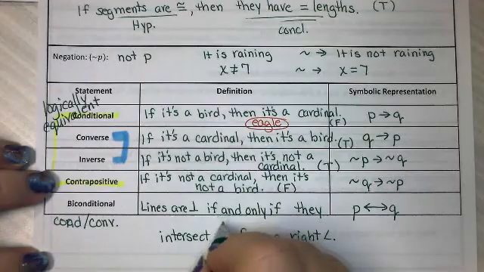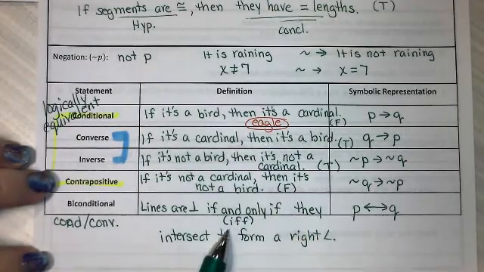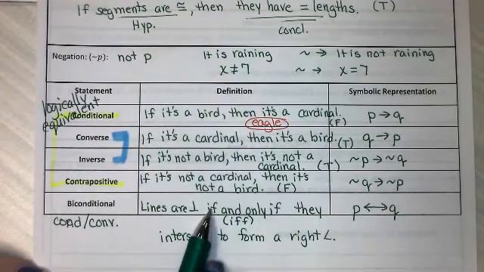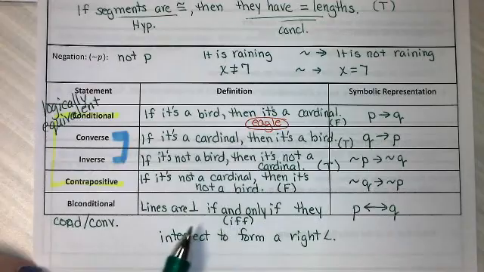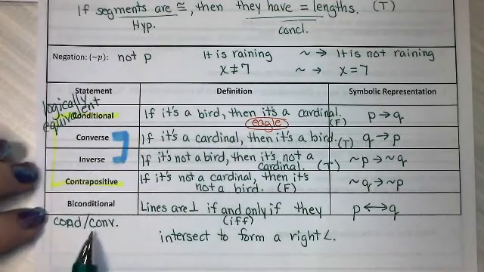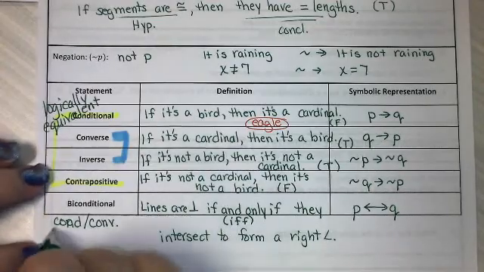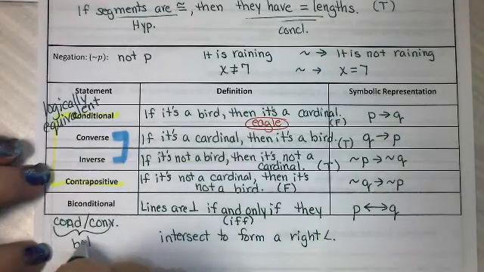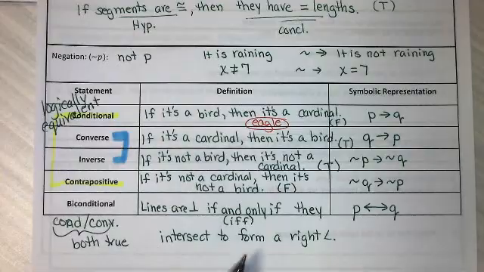Now this if and only if, that's a lot to write. We have an abbreviation for that. It's IFF. So if you don't want to write if and only if, you can just write that IFF. So a biconditional, we only write if the conditional and converse are both true. Then we can create a true biconditional.